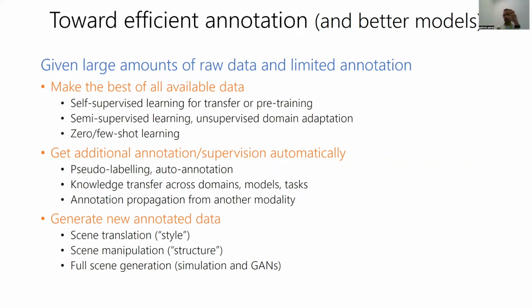Or you can try and manipulate part of the content of the scene, add or remove objects, etc., while retaining or modifying accordingly the annotation. So you change the structure. Or you might use computer graphics rendering pipelines or GANs in order to generate new scenes for which you, by construction, control completely the annotation. And all these things can be mixed in order to get the best of all worlds towards the training of your best models.